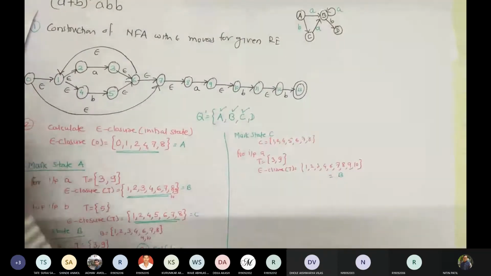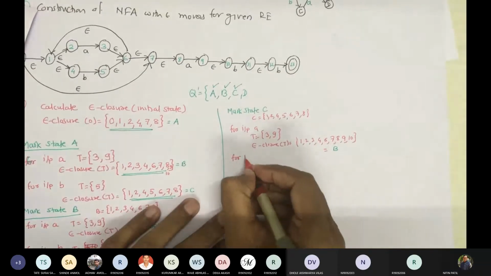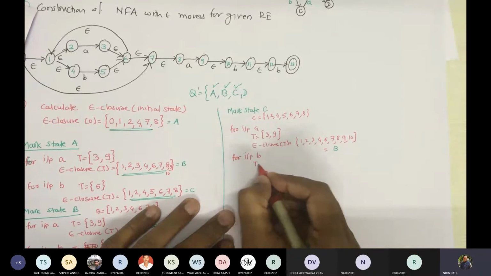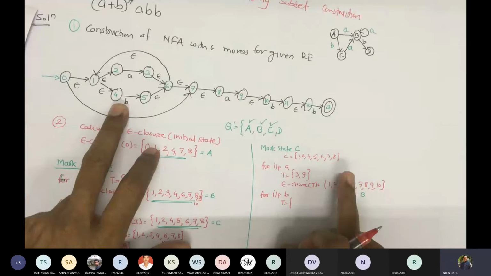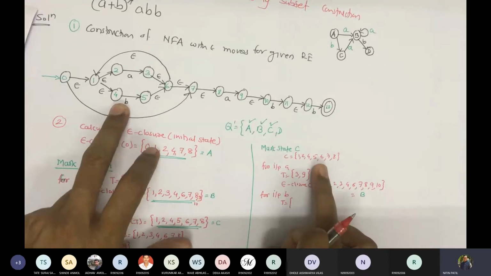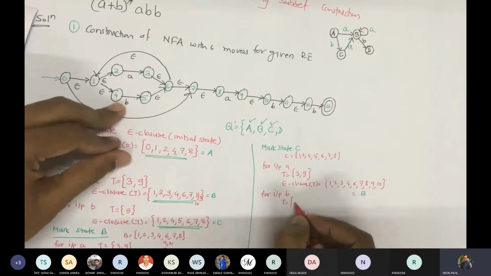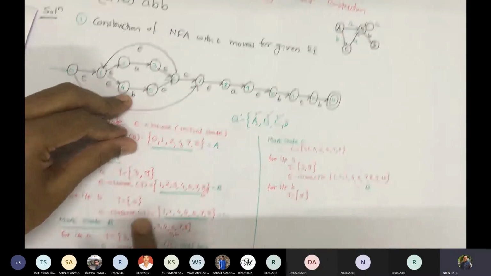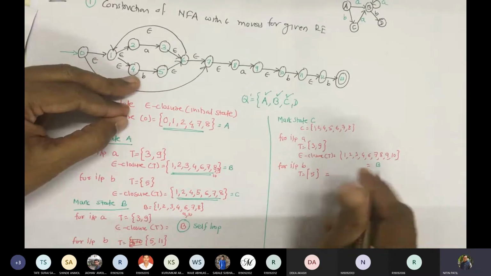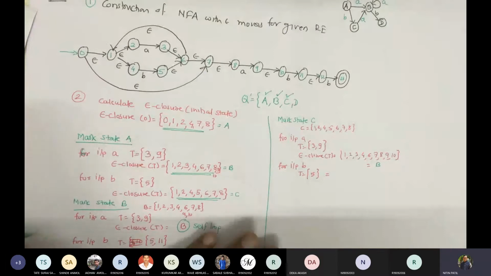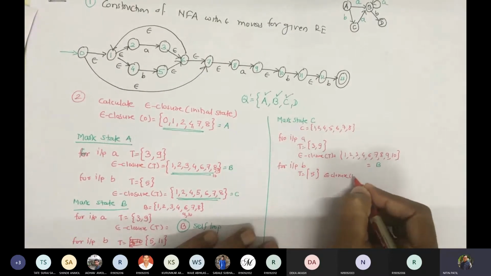Now let us take input B and compute T. We have 4, but we don't have 10 included here, correct? So that's why this would be only 5. We already computed epsilon closure of 5. So what is epsilon closure of T?